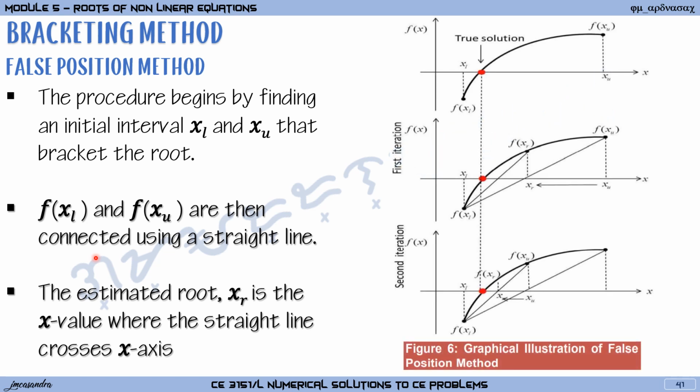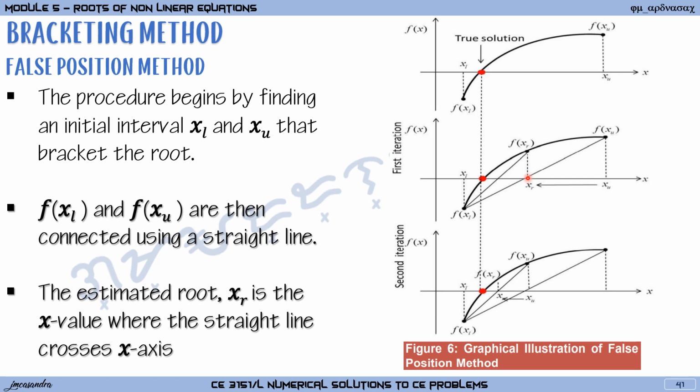This is a graphical representation of how the false position method works. We have our initial guess xl and xu. Take the function and connect the two points by a straight line, f(xl) and f(xu).